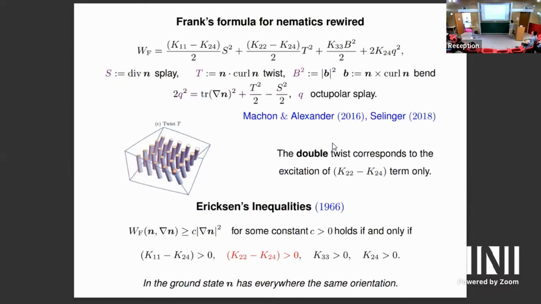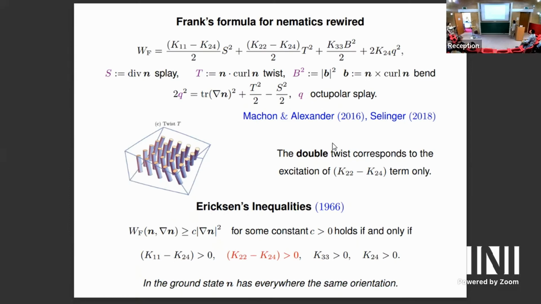And here is a differential mode decomposition of the Frank free energy, which is proposed by Selinger. And here the distortion modes are splay, the twist, which is also called double twist, bend, and octupolar splay. And I want to focus the attention for the following part of the seminar on the director field where distortion energy is proportional to the term involving the twist elastic constant and the saddle-splay elastic constant.